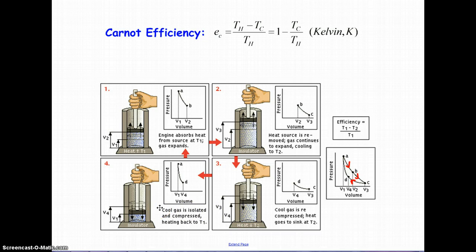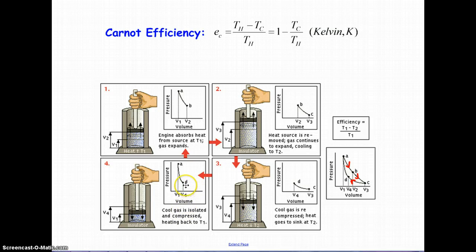Lastly, process DA, the cool gas is isolated and compressed, heating back to temperature T1. Notice here we're still in an insulated state. There's no heat being added or removed.